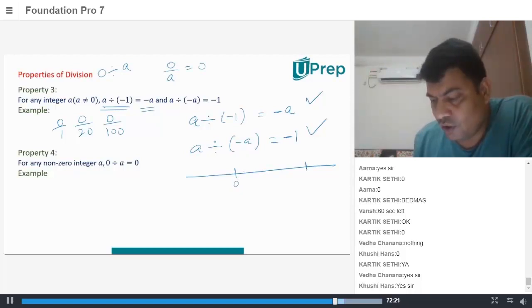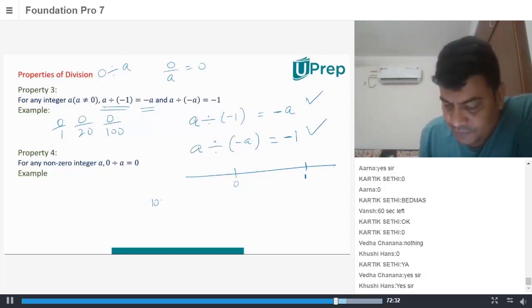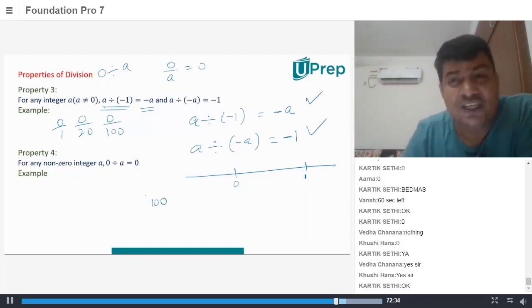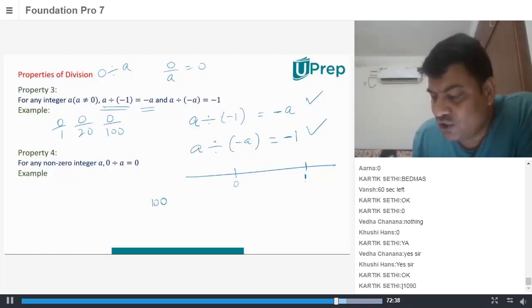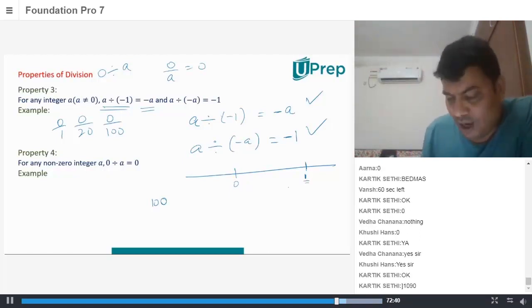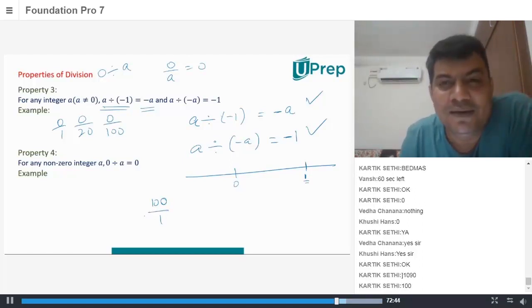Now let's assume I have a number 100, I have 100 chocolates. If I want to give 100 chocolates to only one person, that is 100 divided by 1.